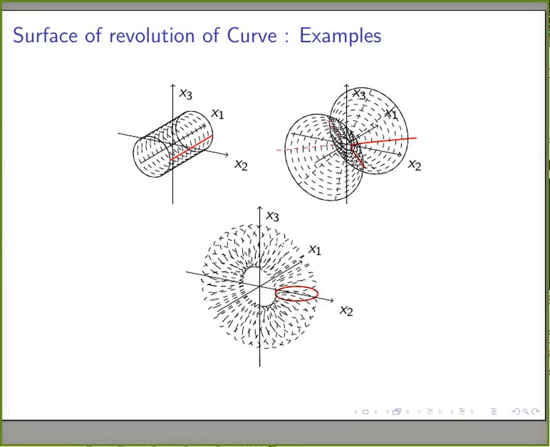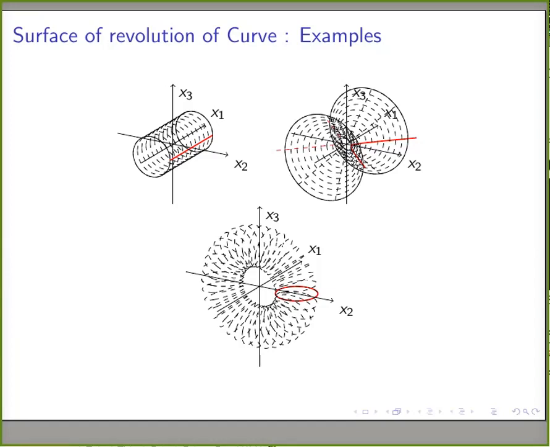And coming to the second example, exercise 4.8b, the exercise is to sketch the surface of revolution of the curve minus x1 square plus x2 square equal to 1 for x2 greater than 0. x2 square minus x1 square equal to 1 is a hyperbola.